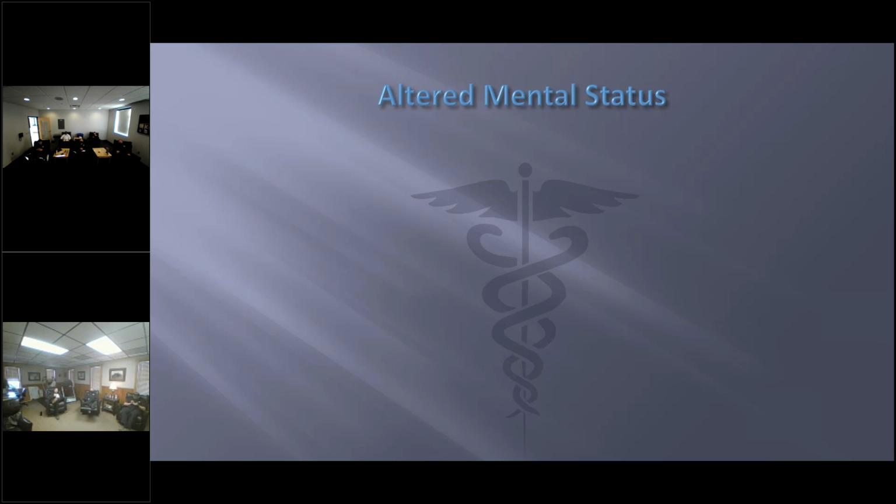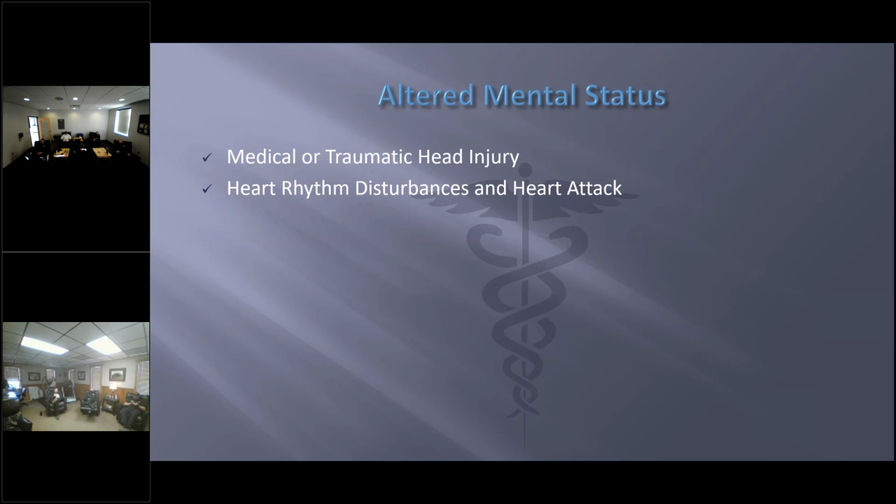So with altered mental status and the brain function, we really need three things. We need sugar, we need water, and we need oxygen in for that brain to survive. So things that can interfere with those three things: we could have a significant medical emergency or a traumatic head injury, heart rhythm disturbances, dementia.